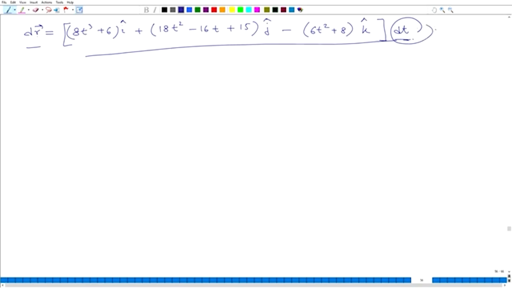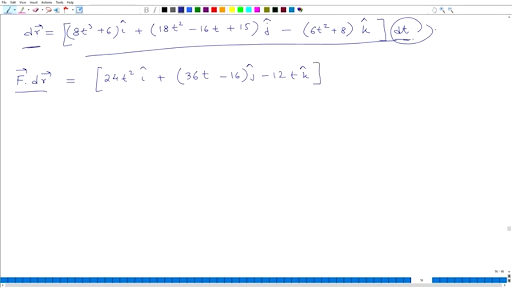And then finally, I have dr and I know f as a function of t. I know now dr as a function of t, then I will do the integration. I will first do the scalar product. So this will be equal to 24t square i cap plus, that is the expression of the force, if you remember, 36t minus 16 j cap minus 12t k cap.